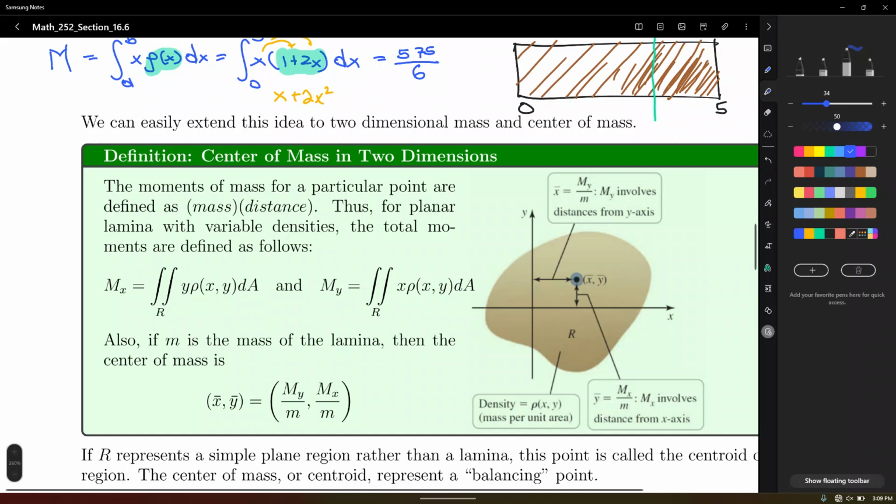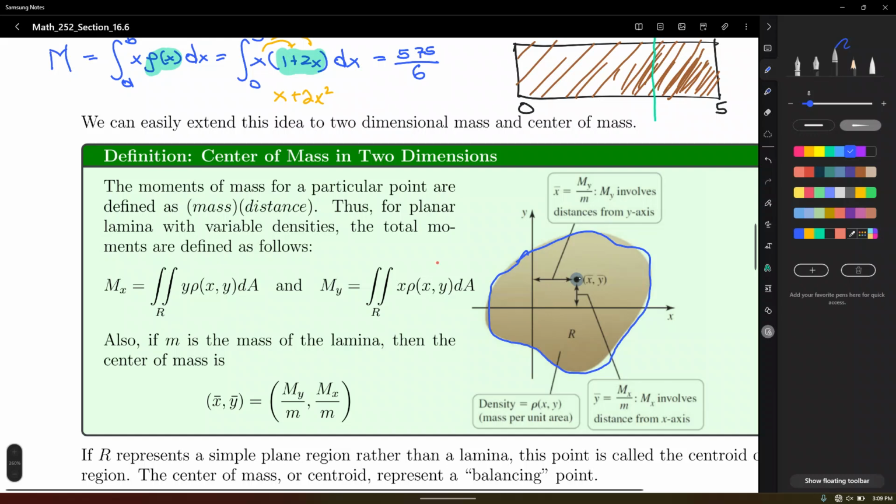So this is going to be our center of mass. If we have this planar region, this approximate planar region, let me just draw the edge. All right, so notice in this case it has a variable density. It has different shades of brown that describe its density.